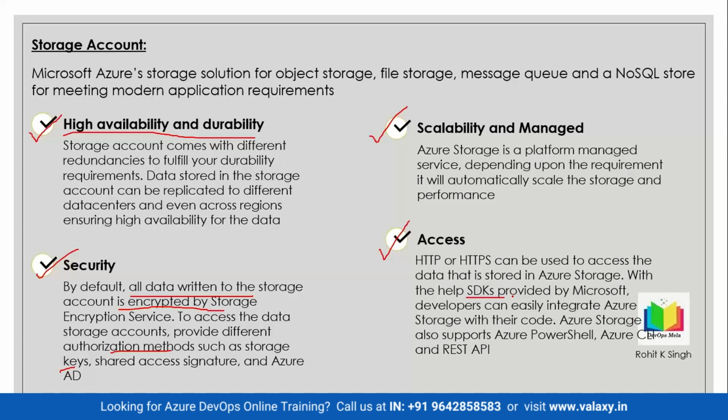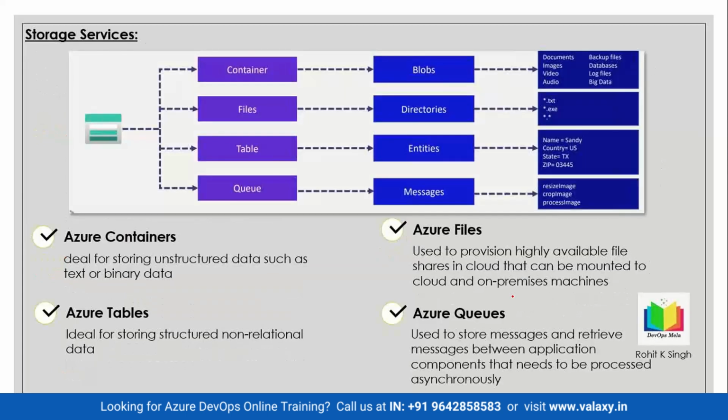Okay. So there are four types of data which you can store in a storage account. As I said, there are containers, files, tables, and queues. What all things can you store in containers? All blob data you can store in a container. What is blob data? Such as documents, images, video, audio, backup files, databases.